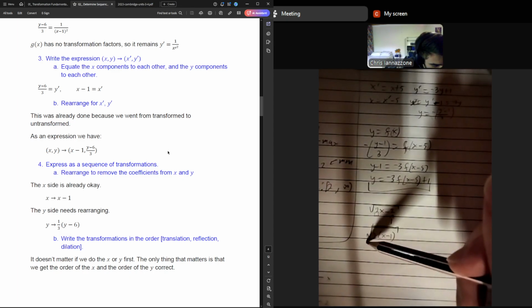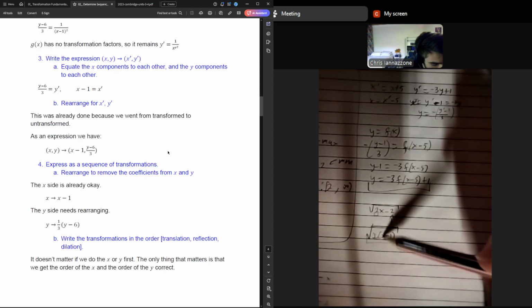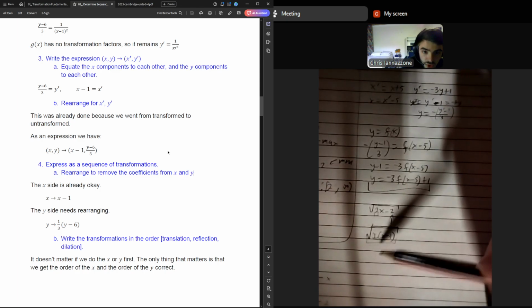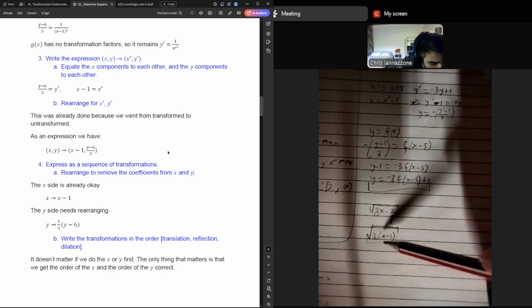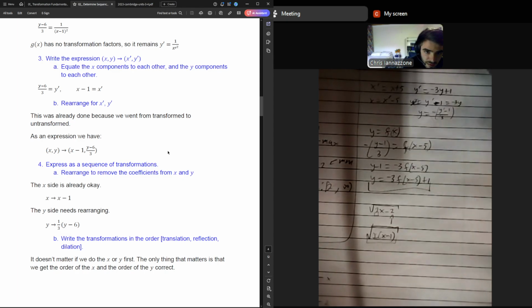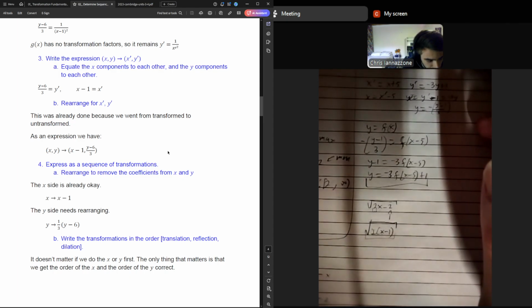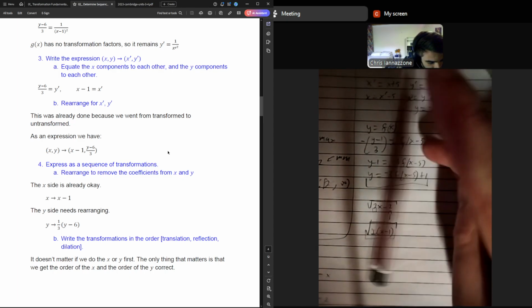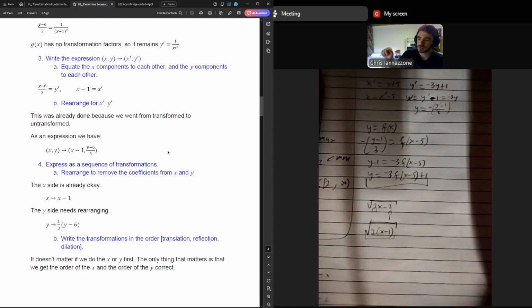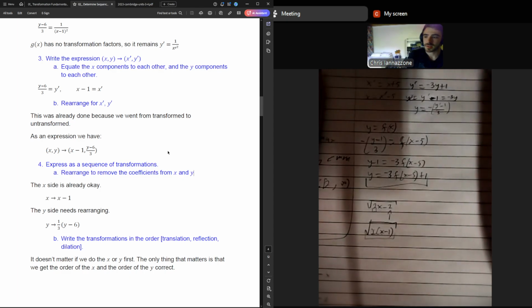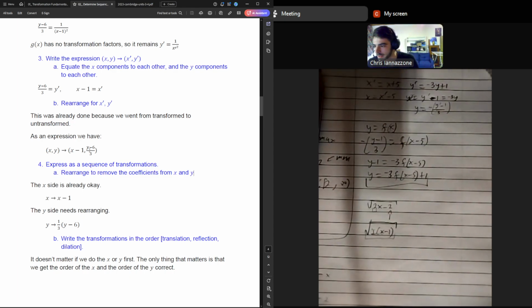So whenever you handle functions, you should always make sure that the coefficients off of these values should be taken off. You don't want them impacting it because it makes it very hard to figure out what was actually done to it. So for that reason, my recommendation is that you do this here. You take off any coefficients that exist.